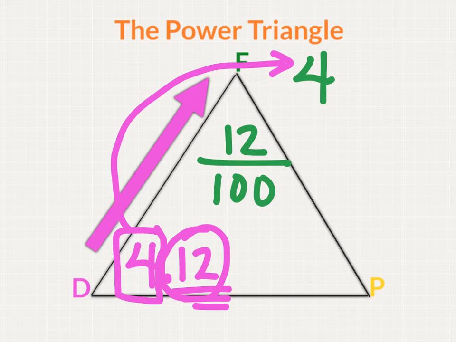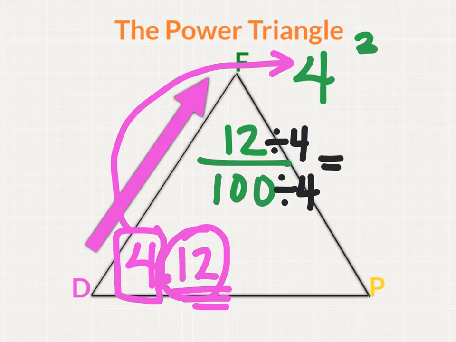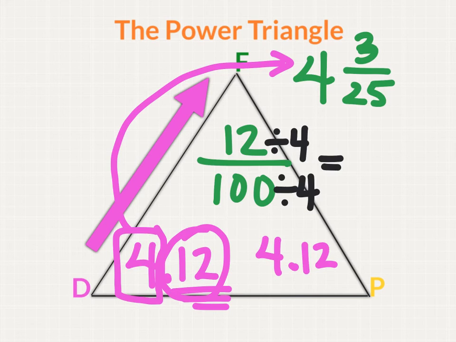And I know that 12 and 100 share a greatest common factor of 4, so that when I divide 12 and 100 by 4, I get 3 over 25. So that my decimal, 4.12, or 4 and 12 hundredths, is equivalent to my mixed number of 4 and 3 25ths, or 4 and 3 over 25.